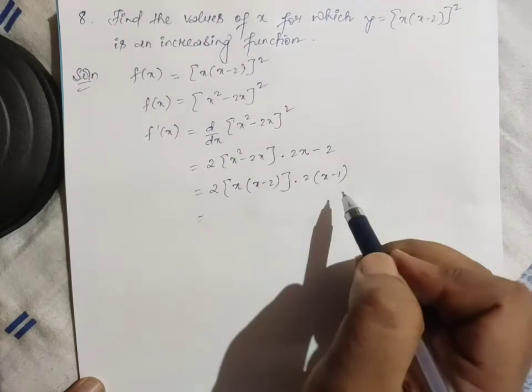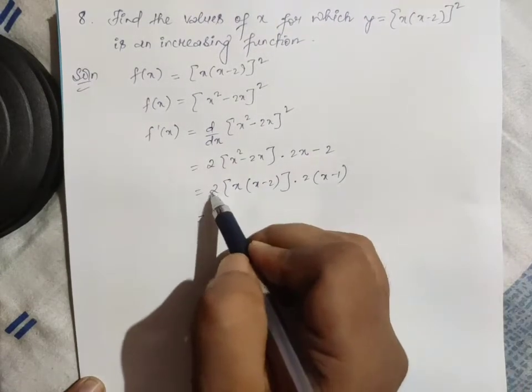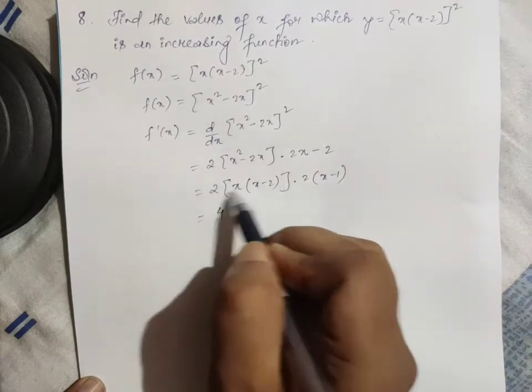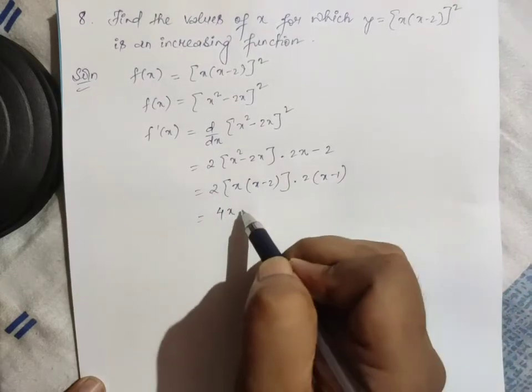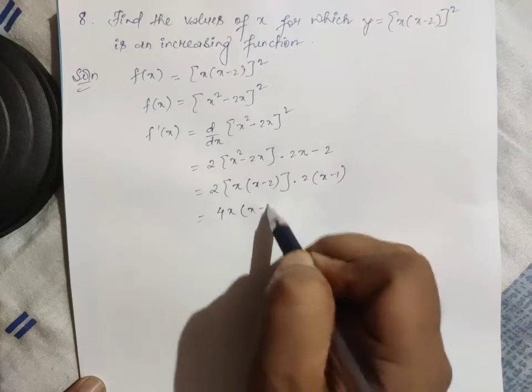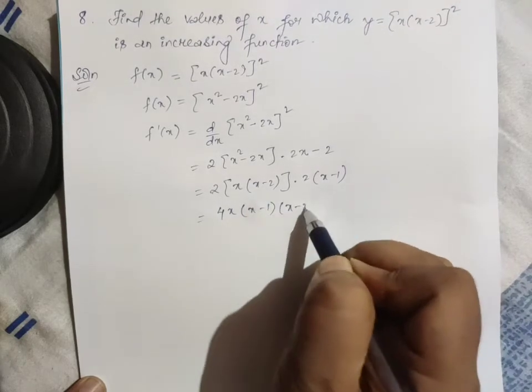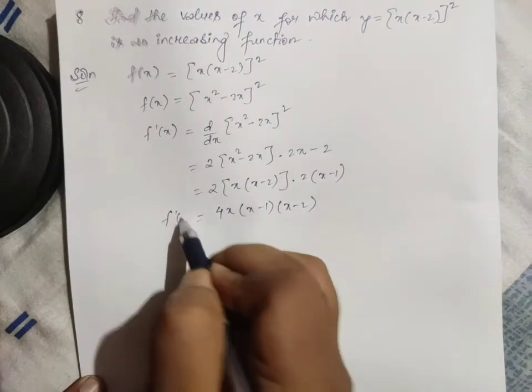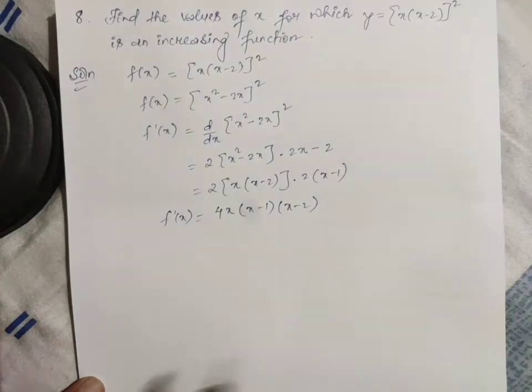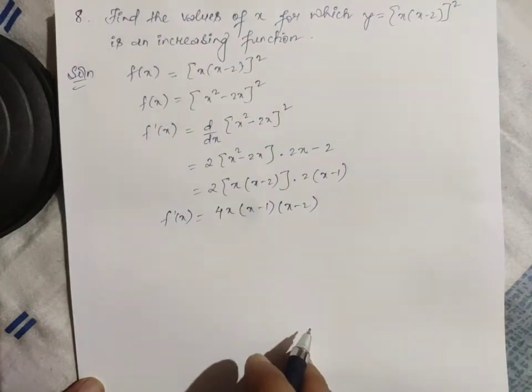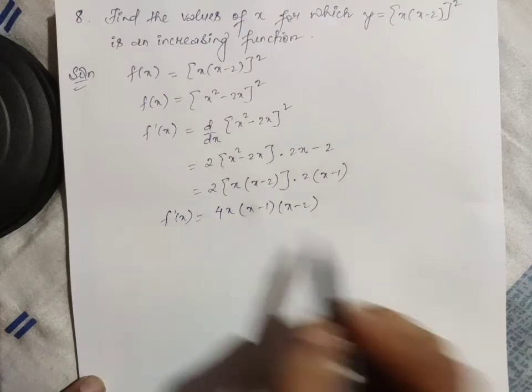So now all are multiplied, so we'll just multiply. 2 into 2 is 4, 4 into x is 4x, then we'll arrange it and write (x minus 1) and then this (x minus 2). So this is our f dash x. Now we have to find the values of x, so we'll equate f dash x equal to 0.